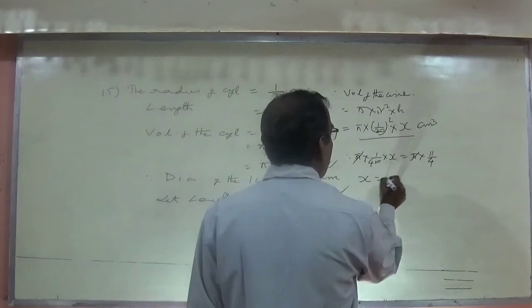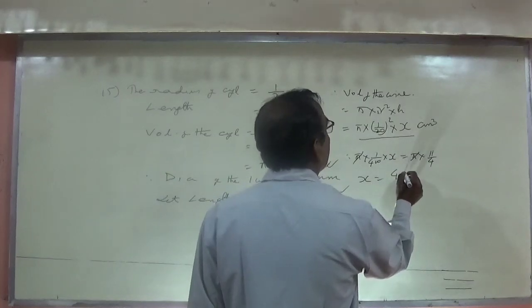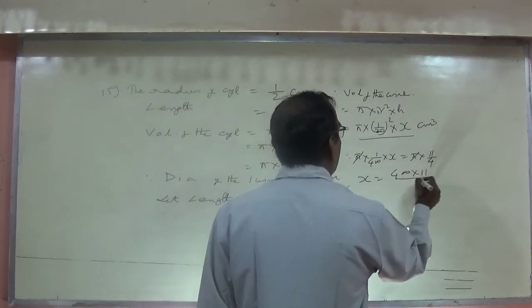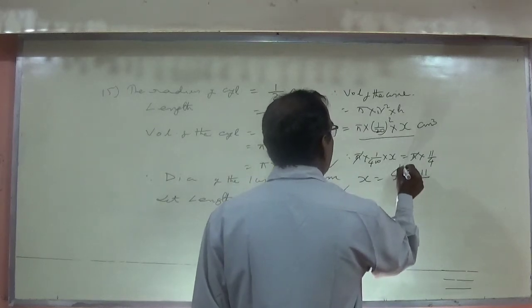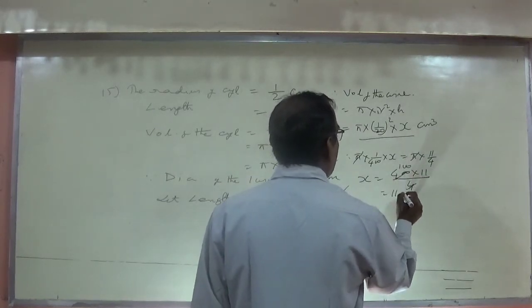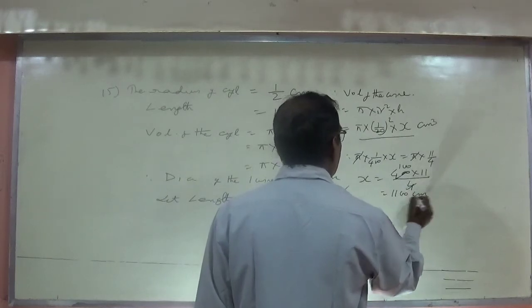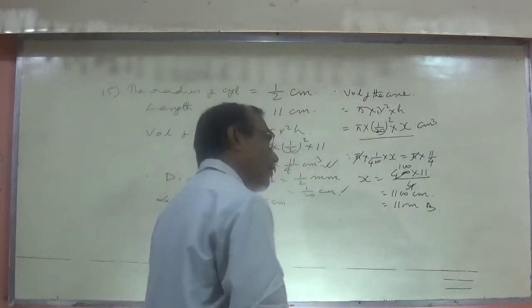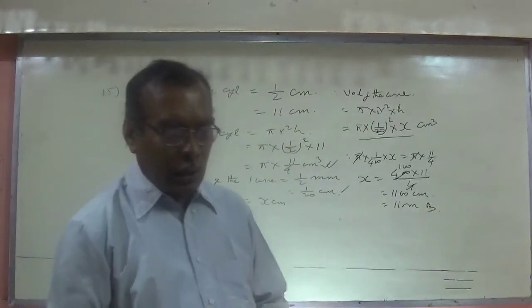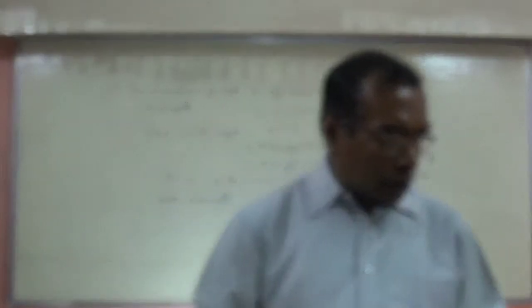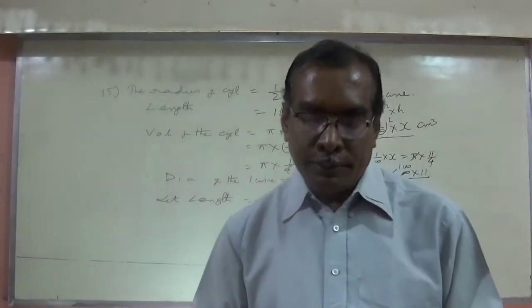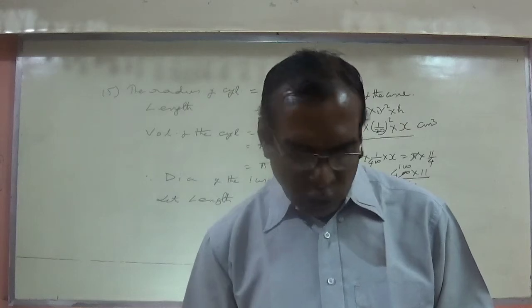Therefore x will be equal to 400 into 11 by 4, which is 1100 centimeter, or you can say 11 meter length of wire you can prepare with that cylinder. So this is about question number 15.